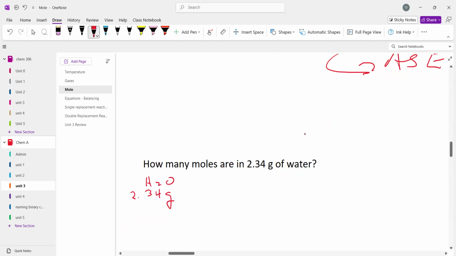And what are we trying to calculate? Moles of water. Do we have a conversion factor with grams and moles in it for water? We just calculated that. We want the grams to cancel, so grams need to be in the bottom. And we end up with moles.